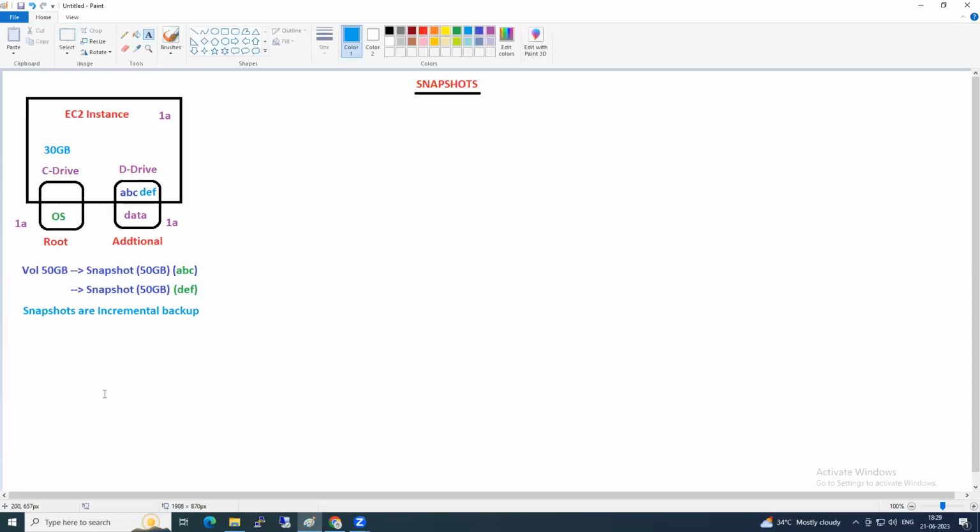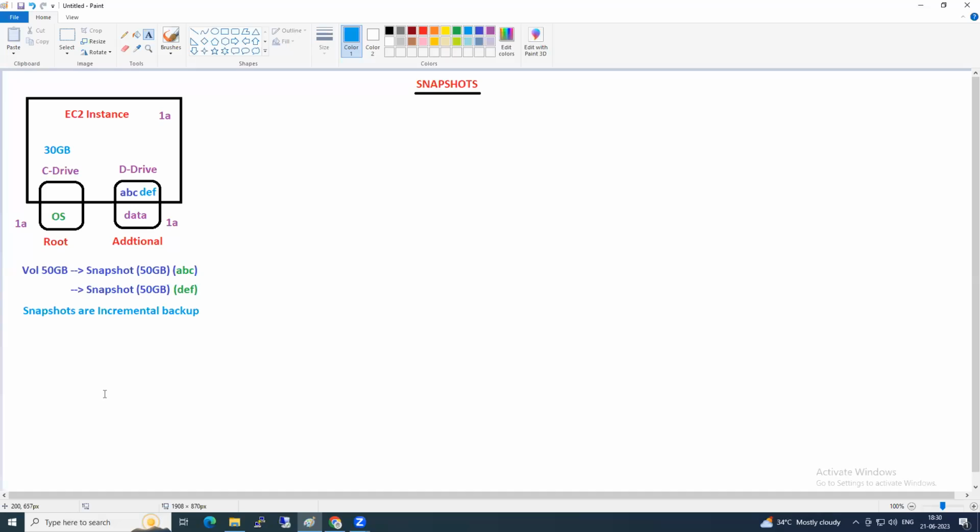Let's say I have 5 snapshots. You know when the snapshot was taken, yesterday, today, day before yesterday. Based on that, you restore it. And by the way, from a volume, if you want to take the backup, what do you create? Snapshot. From a snapshot, again, what do you create?